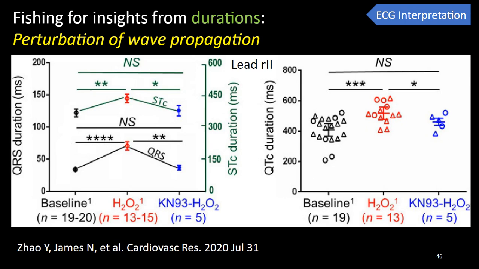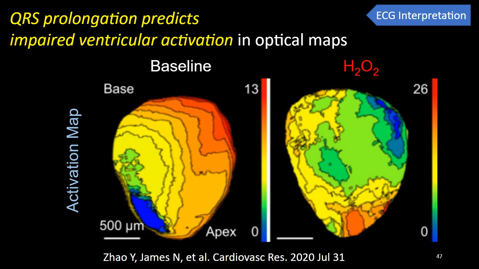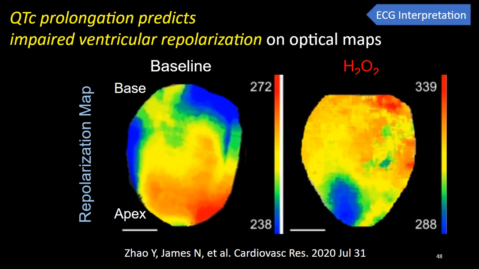Likewise, here, ECG shows that H2O2 prolongs the duration of three waveforms: the QRS complex, the QT interval, and ST segment. These ECG findings lead to three predictions of important insights. QRS prolongation by H2O2 on ECG leads to the prediction that H2O2 impairs ventricular activation, which we later confirmed by activation optical maps.